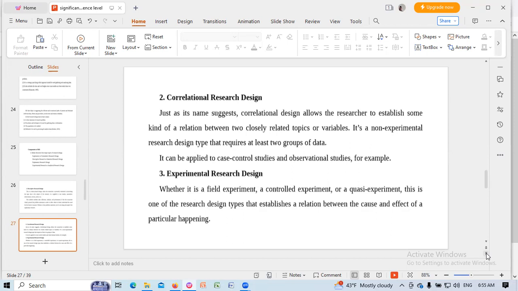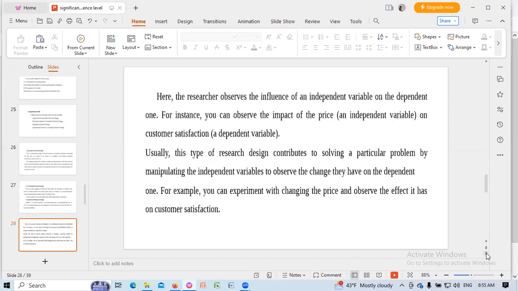Experimental research design, whether it is a field experiment, a control experiment, or a quasi-experiment, is one of the research design types that establish the relation between the cause and effect of a particular happening. The researcher observes the influence of the independent variables on the dependent one. For instance, you can observe the impact of the price, the independent variable, on customer satisfaction, the dependent variable.